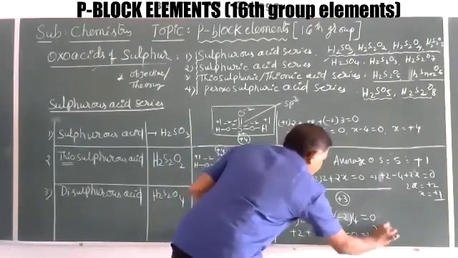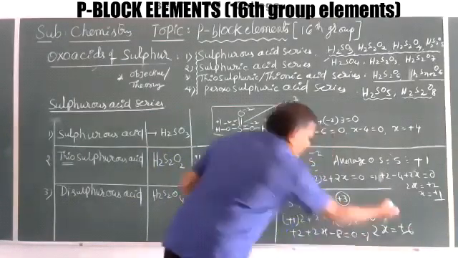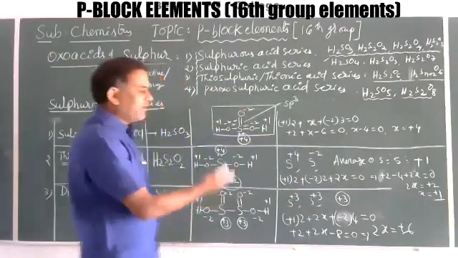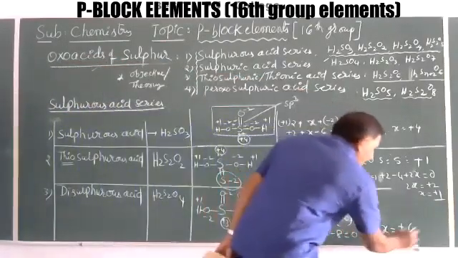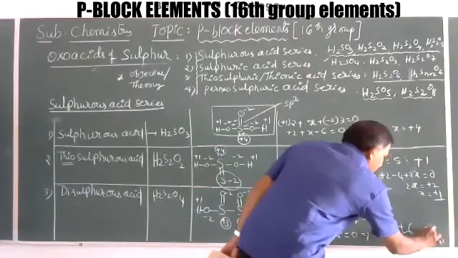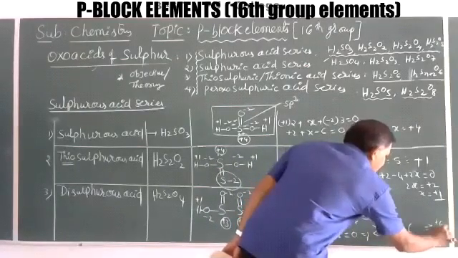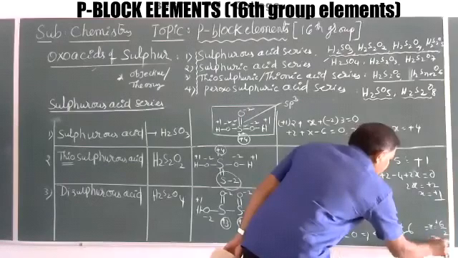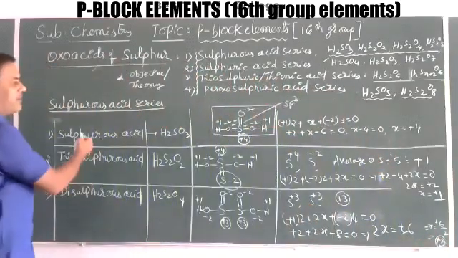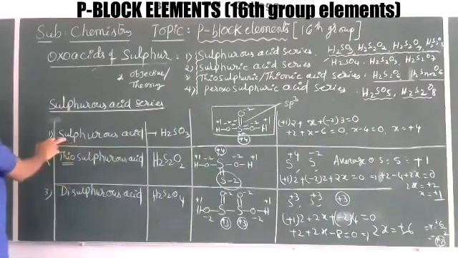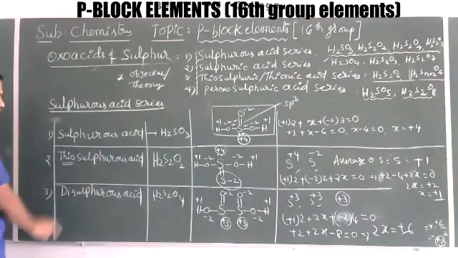That is 2x is equal to plus 6. Now x is equal to plus 3. For the average oxidation state, x is equal to plus 6 by 2, that is plus 3 oxidation state. Now these are very very important three structures: sulfurous, thiosulfurous, disulfurous.